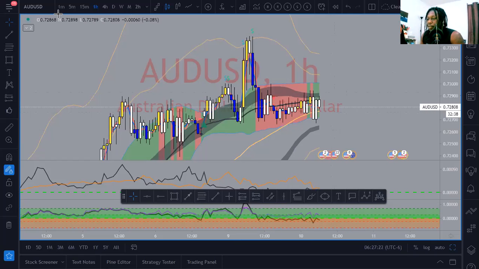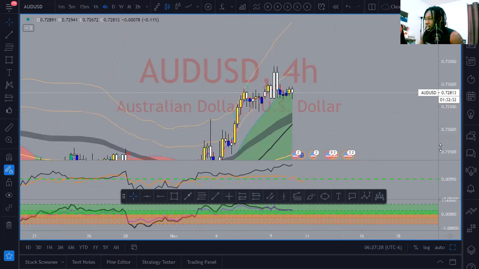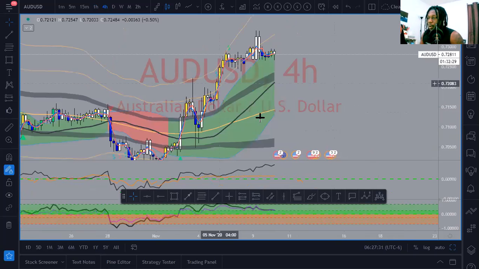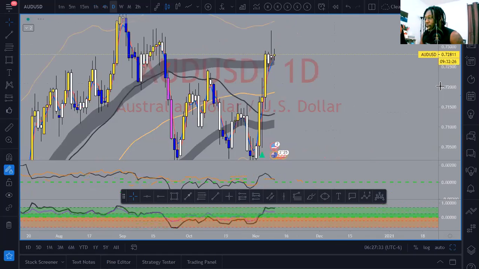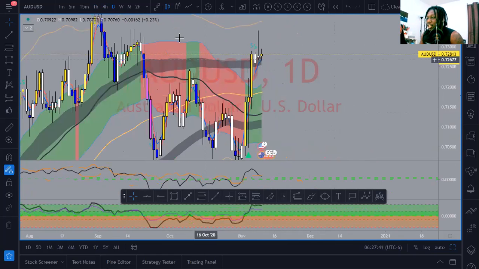4 hour time frame, going on to arbitrage. Definitely still very much bullish, so I don't want to look at the 4 hour necessarily. Just gonna play off the 1 hour. And the daily rejecting off of, I like this wick. I like seeing this wick to the upside, telling me there could be potential weakness.